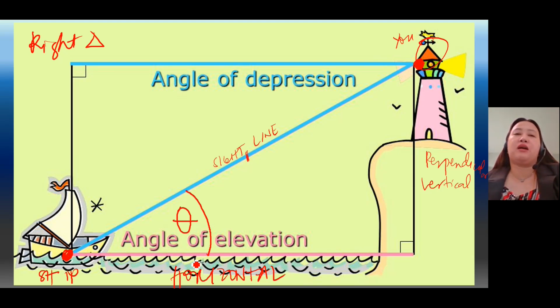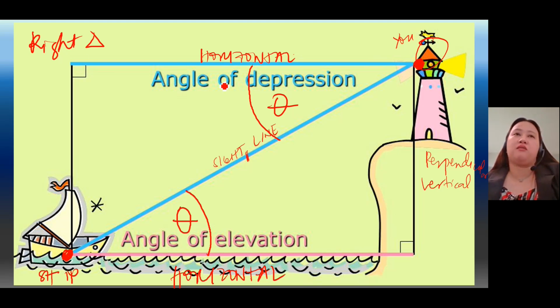Then, same as with the angle of elevation, you should have the horizontal line. With the horizontal line and the sight line, in between you have the angle of depression. If you notice, the angle of depression is beside the horizontal, and it is near you if you are at the top of the lighthouse.